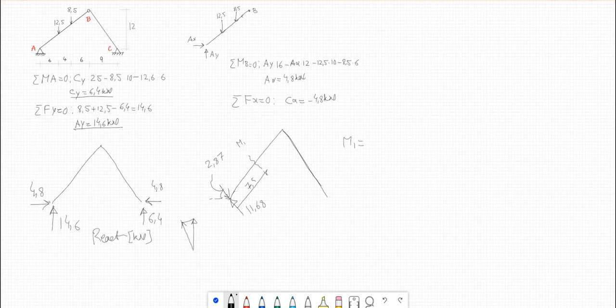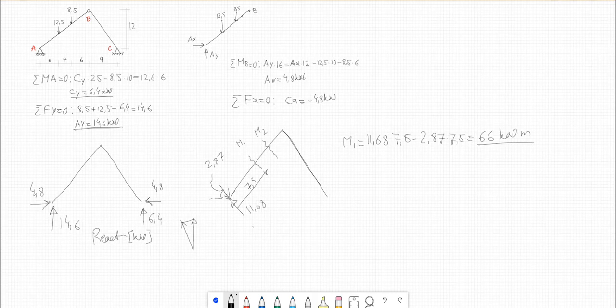So here we have 11.68 and 2.87. So you can find the moment exactly at this point. And this gives us 66 kilonewton meter.